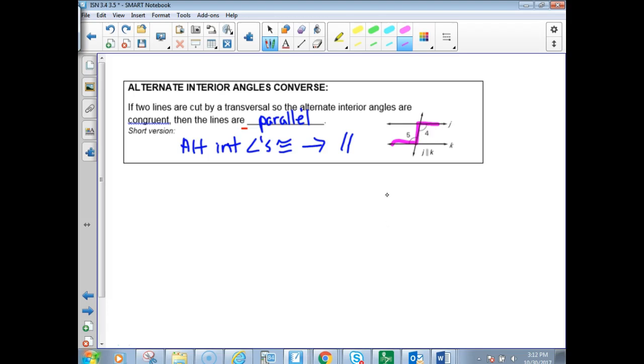That's the Z. I get confused with that. It's either these, remember? There's your Z, or your S. There's your angles right there and there. If those happen to be congruent, then you have to have parallel lines J and K. So with alternate interior angles congruent, then you have parallel lines.